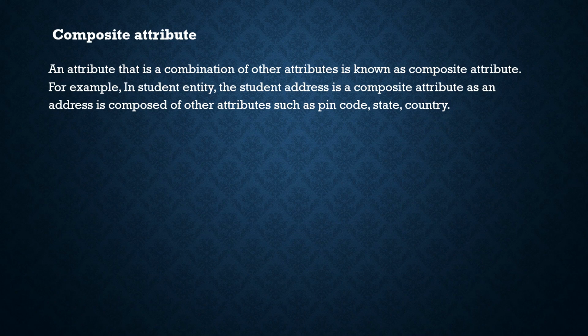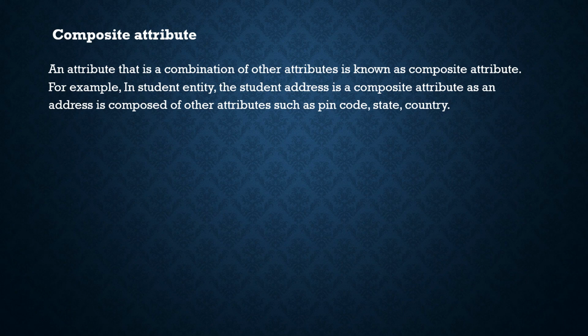For example, in the student entity, the student address is a composite attribute, as an address is composed of other attributes such as pin code, state, country. That's why we can say a composite attribute is a collection of many attributes. It is composed of more than one attribute.